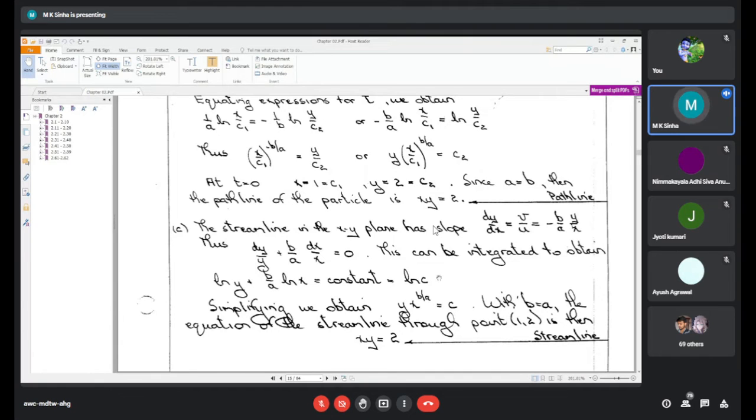You may check for other times and compare the path line and the streamline. This is your homework, you may do it for the line passing through 2 2.